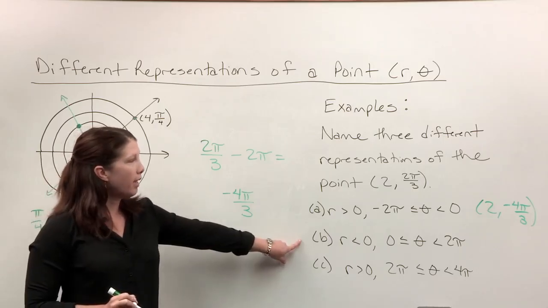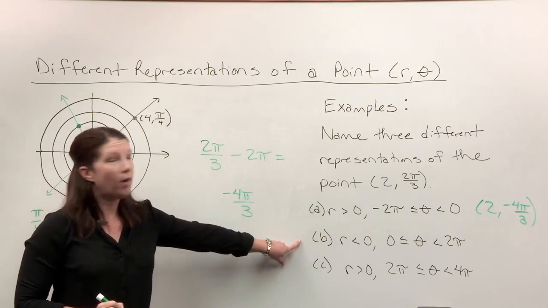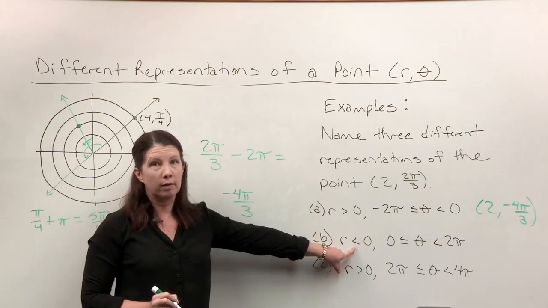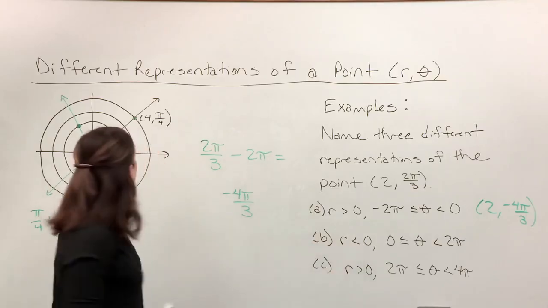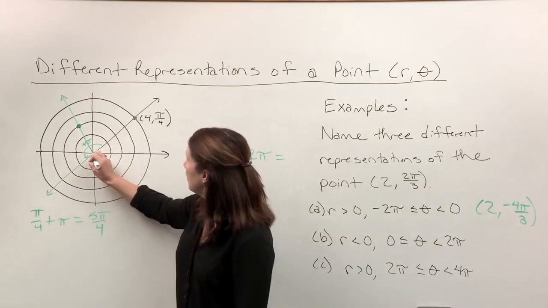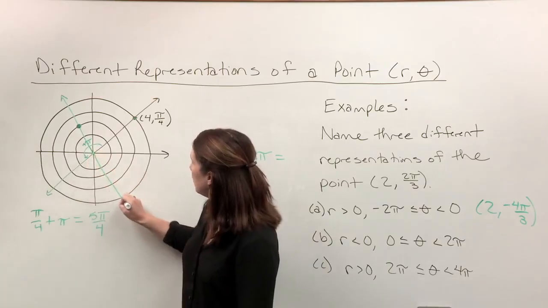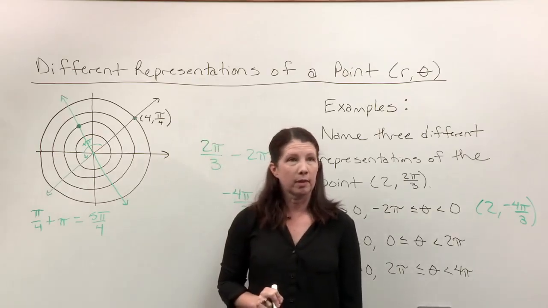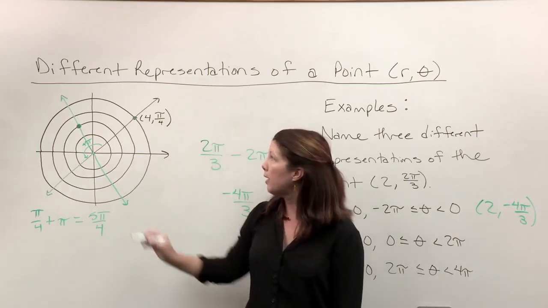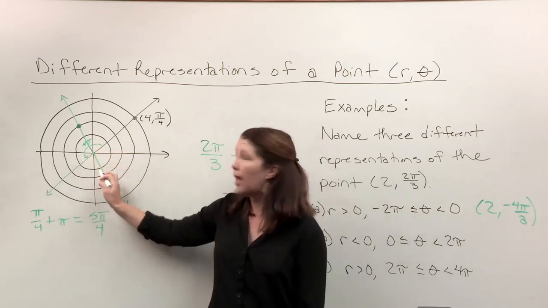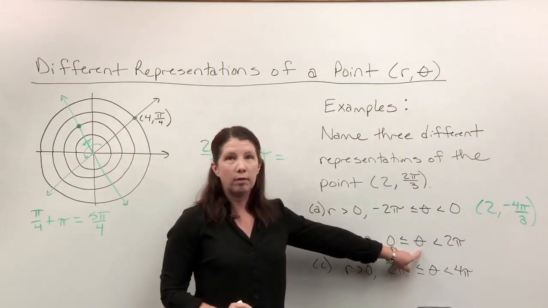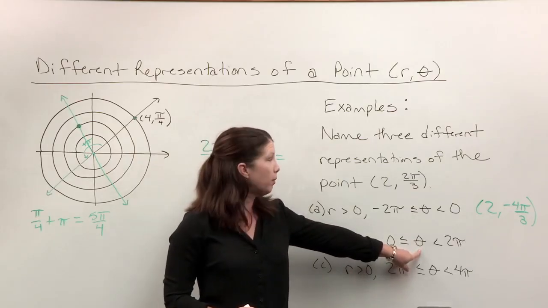Taking a look at the next example, notice that we're now asked to represent this point using a negative value for r, which means that I need to find the angle that forms a line with 2 pi over 3. To do that, I'm going to take 2 pi over 3 and add pi. Notice that I still want my angle to lie between 0 and 2 pi.